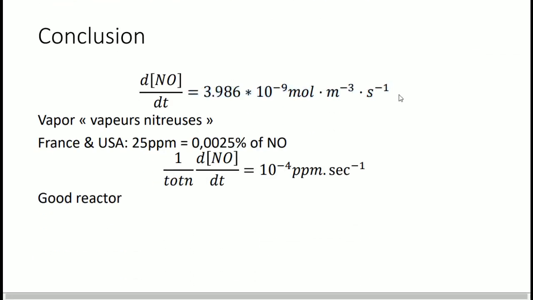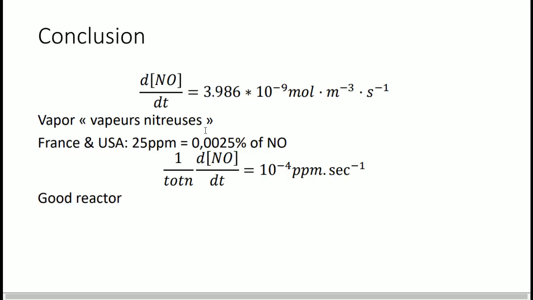We know the speed at which nitrogen monoxide is produced. So obviously it's in a vapor state. So it's what in France we call vapeur nitreuse. So the vapors that are dangerous for humans. So these vapors are expelled into the air.